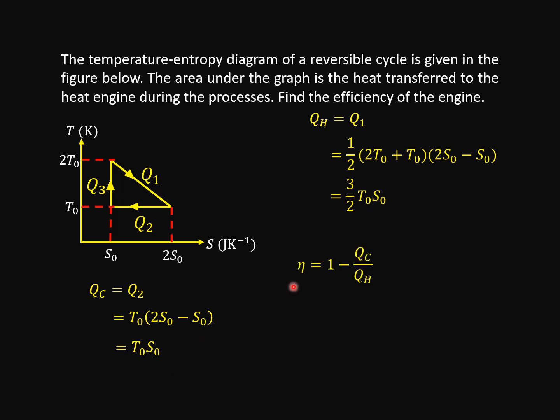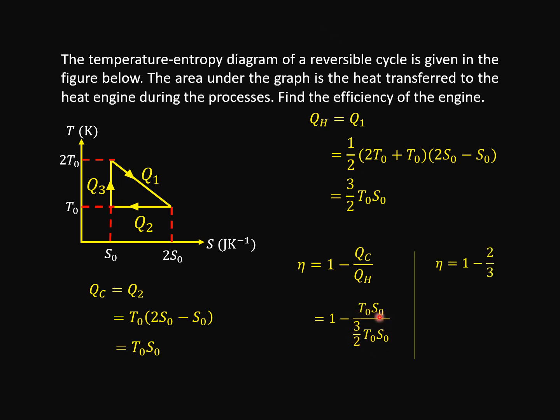Now to find the efficiencies of this engine, we can apply this formula and substitute the Qc and the Qh in this formula. This is the result of the substitutions for the Qc and the Qh.